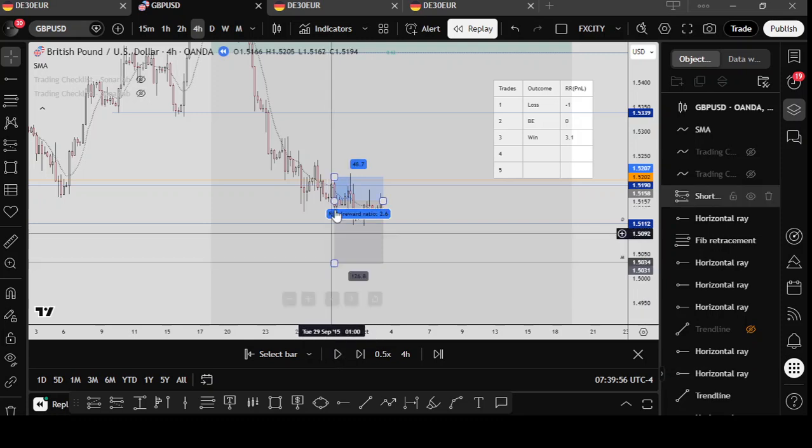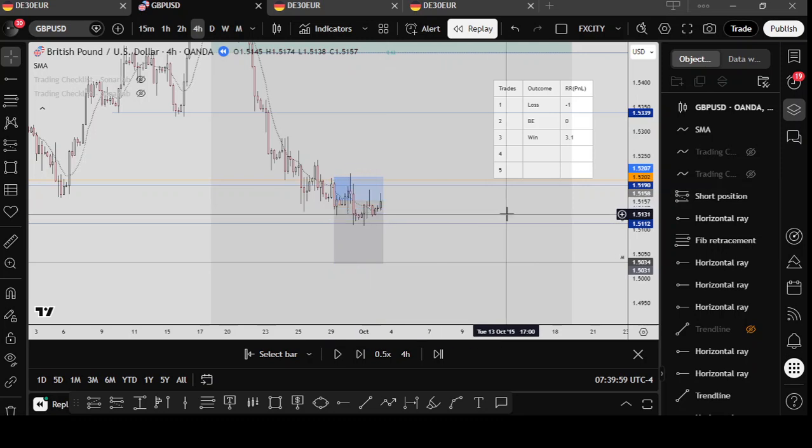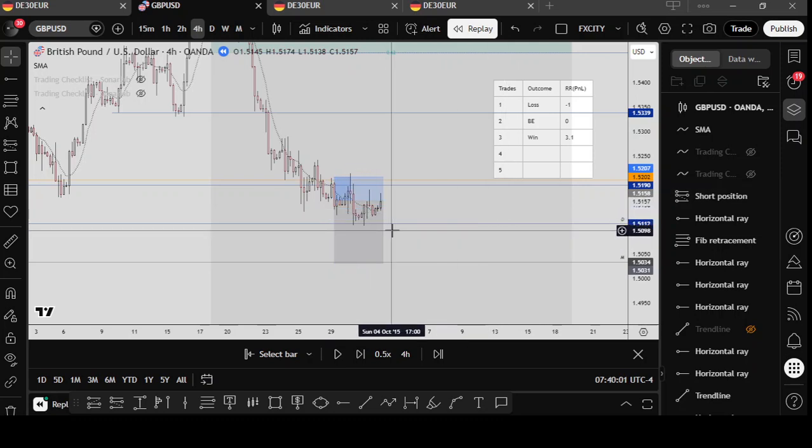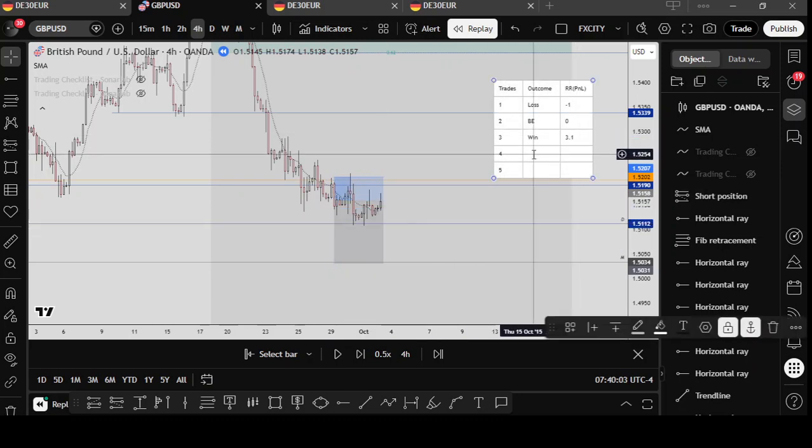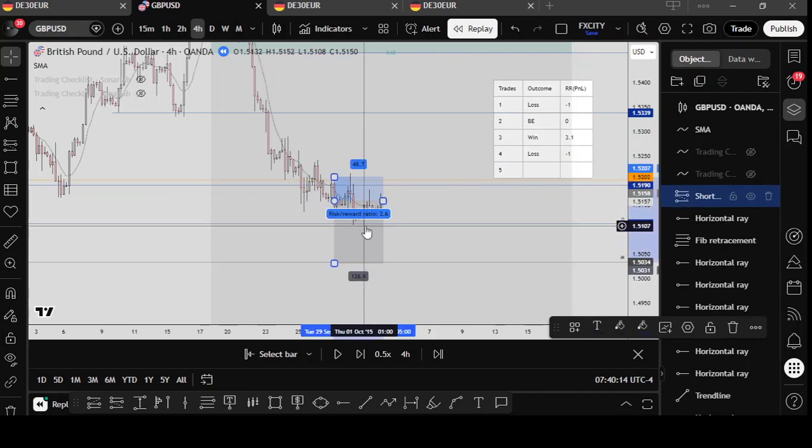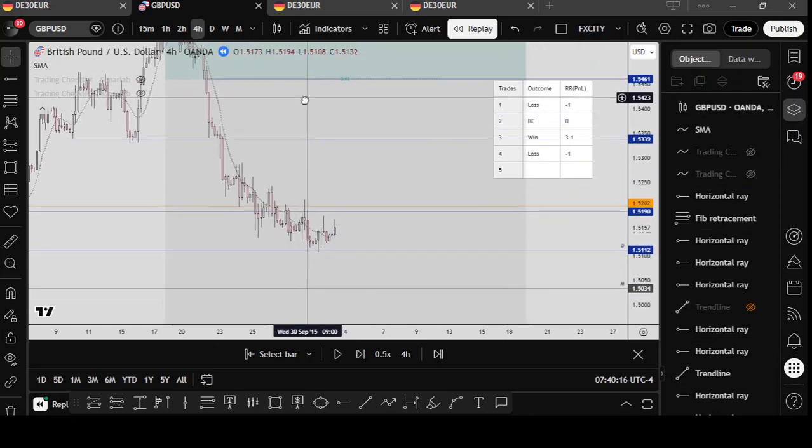You can see that the momentum here is dead. The momentum here is totally dead. So here we have a loss of -1. And that will be that for us on this particular episode.